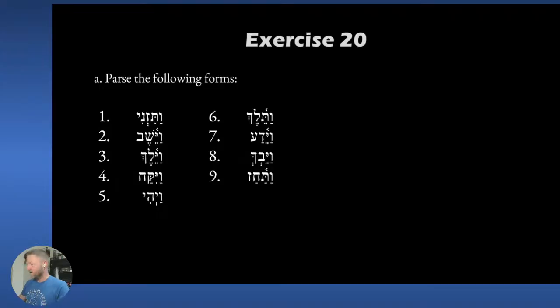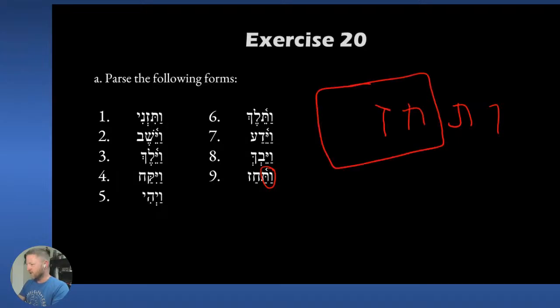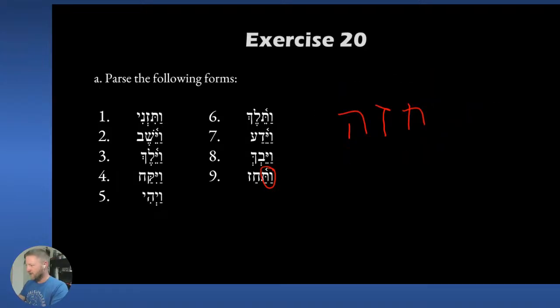Okay, so anyway, we've got the Vav as the Vav consecutive, and the Tav as the transformative. So what we're left with is Chaz, which would indicate to us that we're missing a Hey that's gone through apocope. So the word Chazah means he had a vision, he saw in a vision. The Tav prefix would be Tachazeh, which could be second masculine singular or third feminine singular.